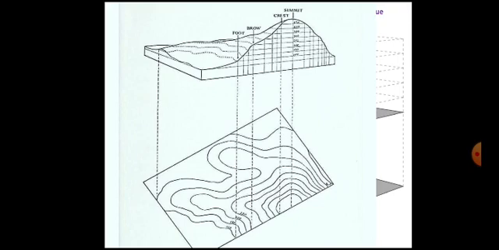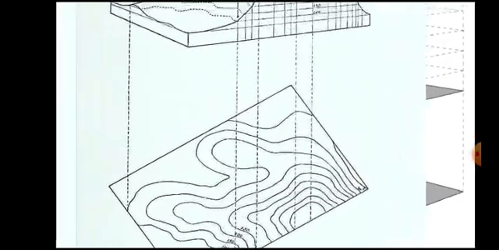This is another example. Here you can see the highest part, which is represented by a very small circle, and this altitude graph is represented on a two-dimensional paper, which creates a design like this.